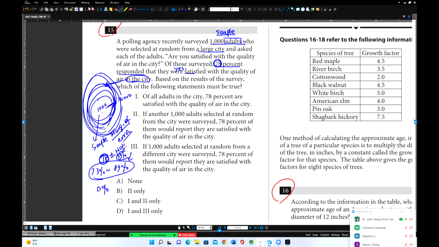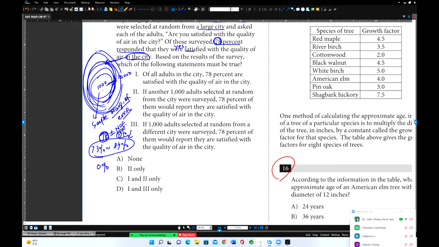But this is only a sample of 1,000 adults, so there must be a margin of error. We cannot say this exact number for the population. So saying all adults in this city are 78% satisfied is wrong. The first one is wrong.